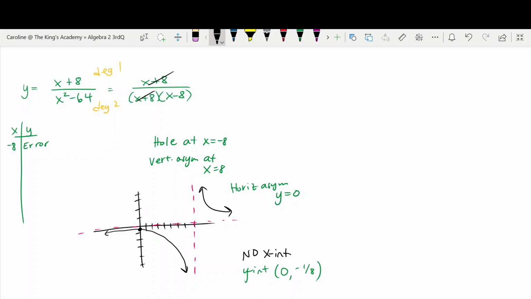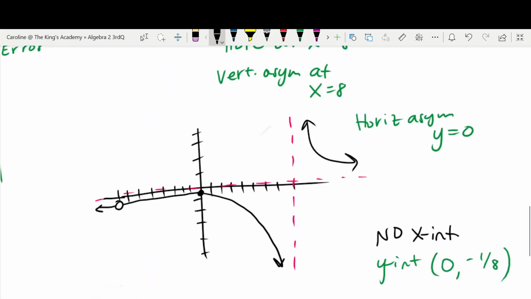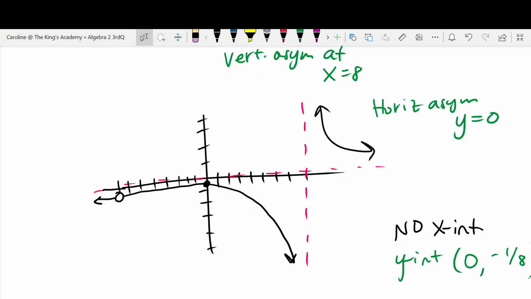Now, I will say this though. If I'm going to be specific and graph my hole, what did we say the value for the hole was again? At -8, I need to have an open space like this. There's my hole, at -8.